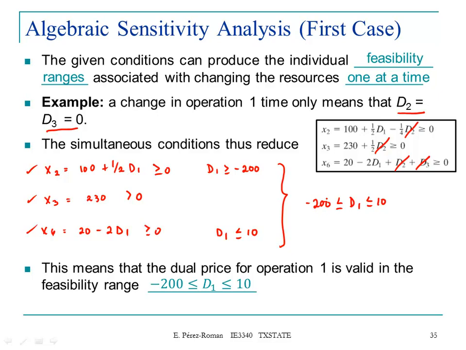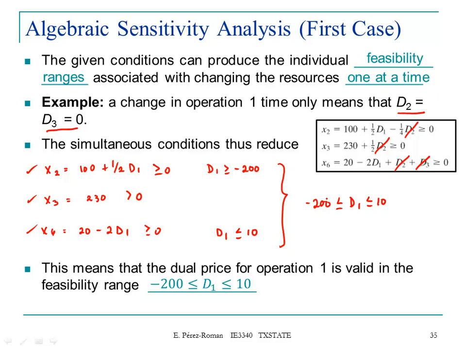And that's only for operation 1. We can perform the same analysis for D2 and D3. If you're doing this process for D2, then you're going to assign D1 a value of 0 and D3 a value of 0. And you're going to get the same variables, but instead of having the coefficients for D1, you're going to have the coefficients for D2. You can solve for D2 and get the range for D2. Then you can perform the same operations for D3.